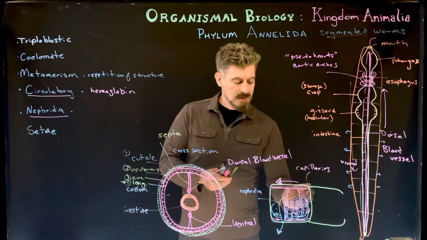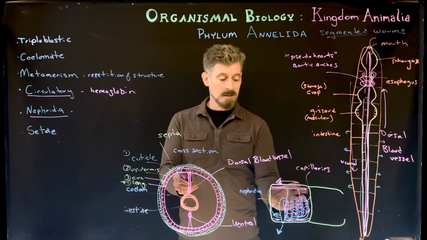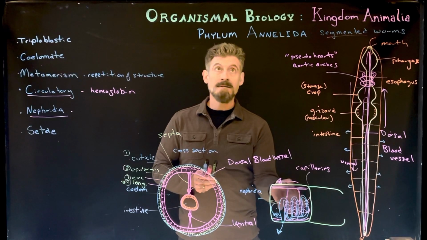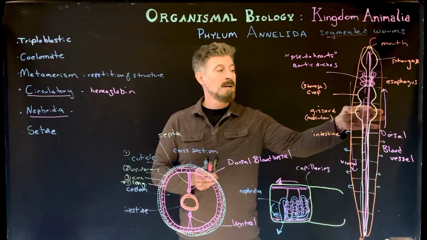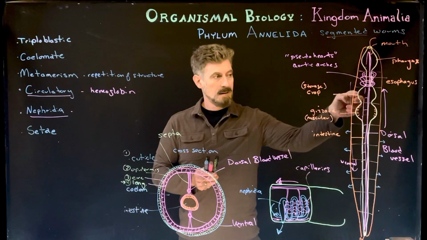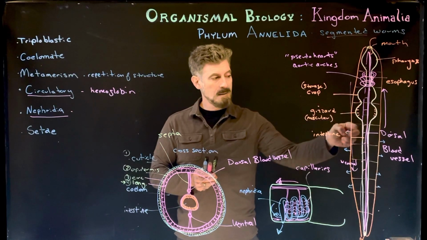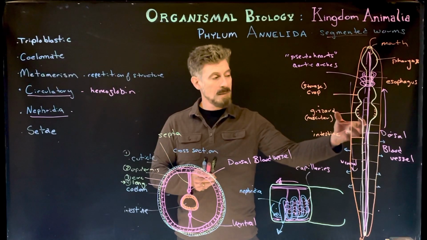The significance of this is that the musculature can then contract and affect a single segment. So one segment of the animal's body can have the circular muscle contract, so it can squeeze that tighter. That doesn't affect this segment or this segment. These two segments remain independent in terms of that muscle contraction.